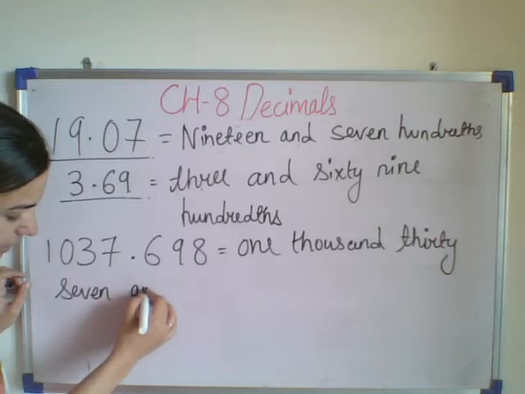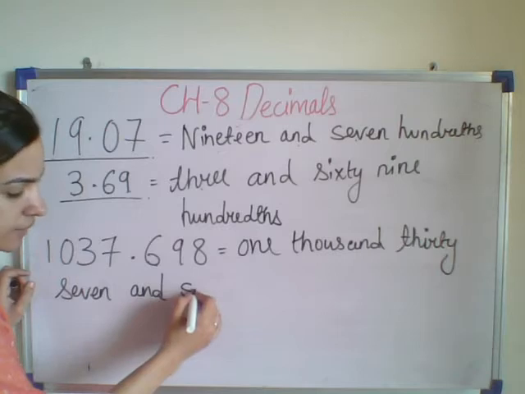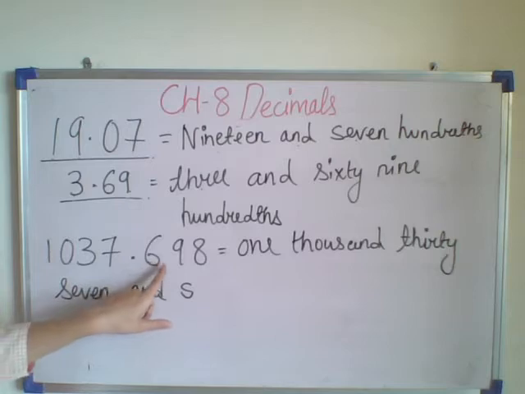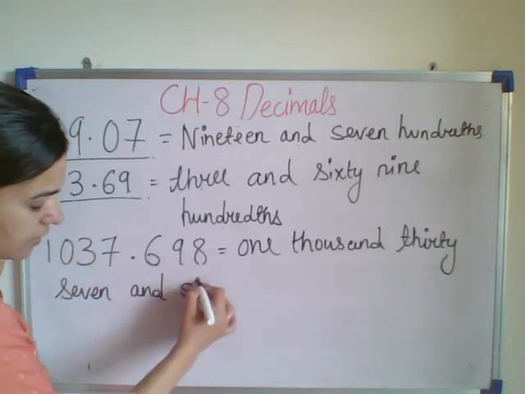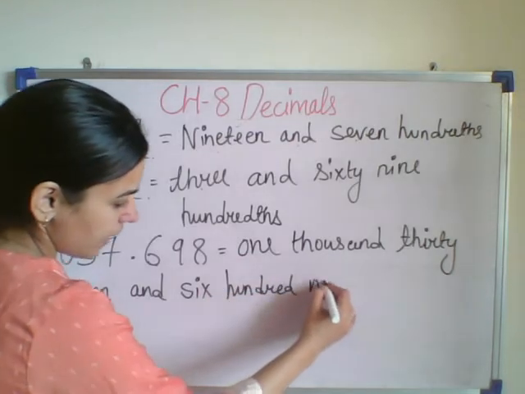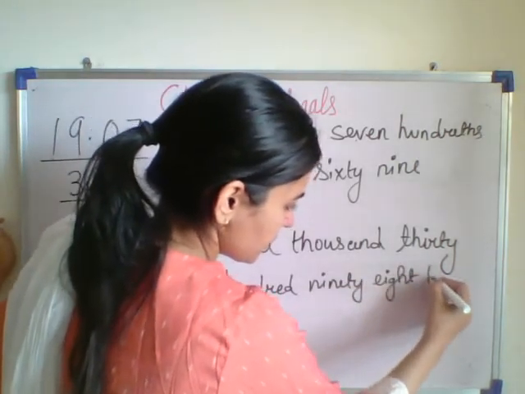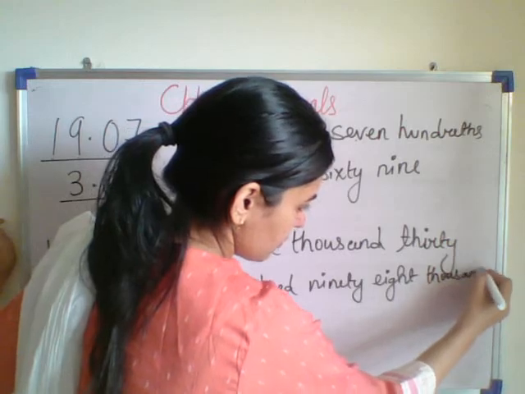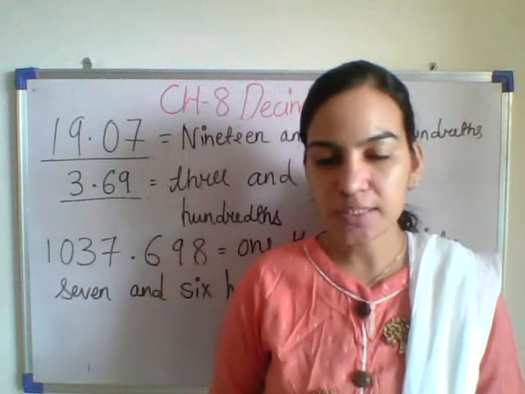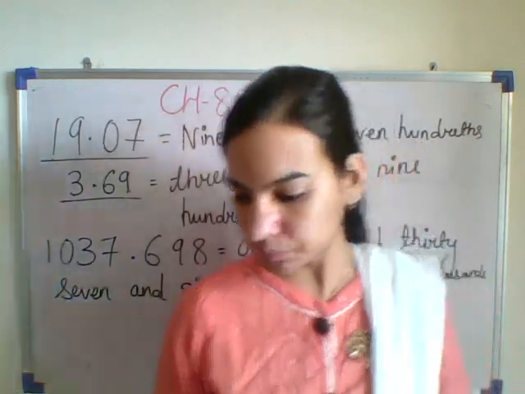This point we will be writing and, then 698 thousands. In the word form, students, there are two different ways in which we can write in the word form. So any one you can write which is more convenient to you.